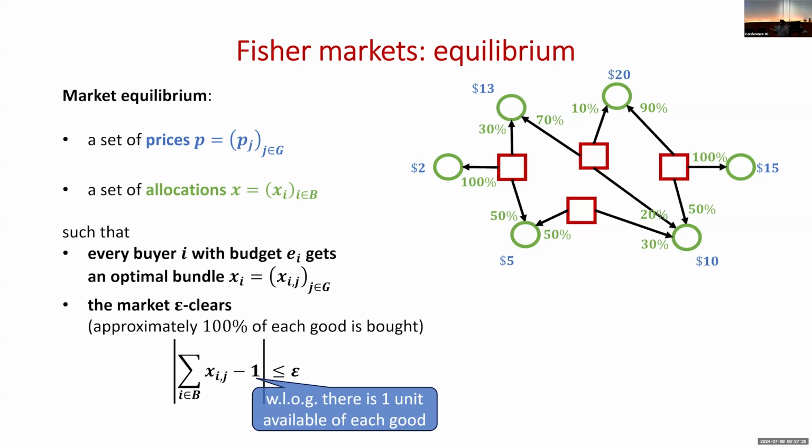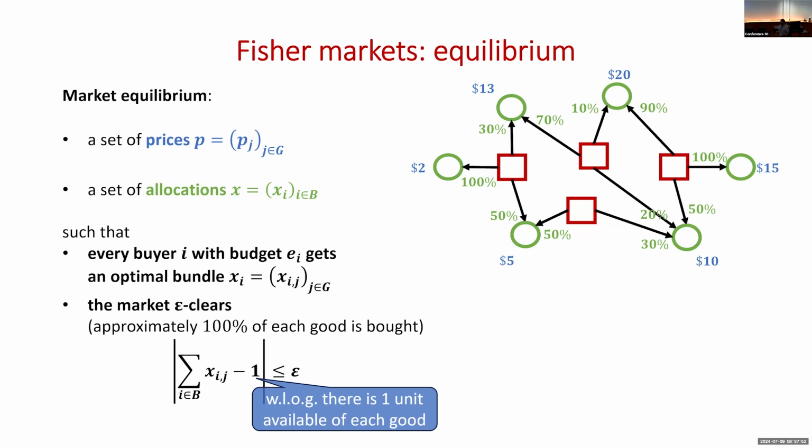The total demand for a particular good is this sum of x_ij's over all buyers. And now what we want is that the demand does not exceed the supply by epsilon, and it is not smaller than the supply by epsilon either. Okay. So that's a very nice set of conditions that we would like to have.